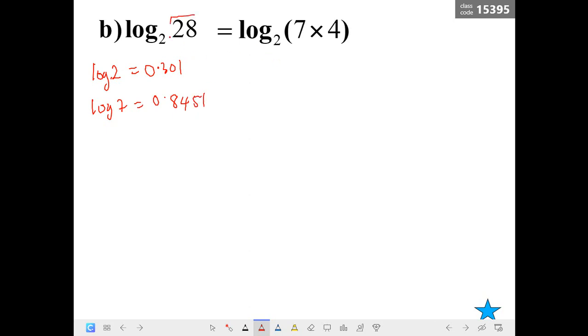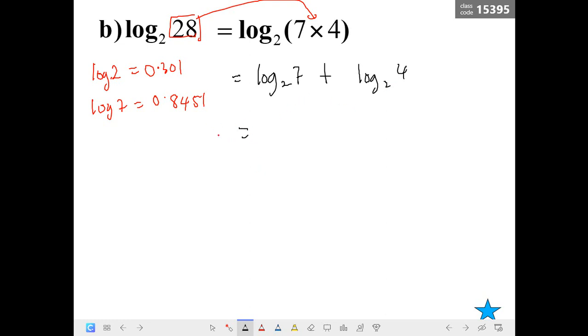So from 28, we need to find something that involves 2 and 7. So 28 is equal to 7 times 4. Okay, continue. Using the first law, log 7 base 2 plus log 4 base 2.